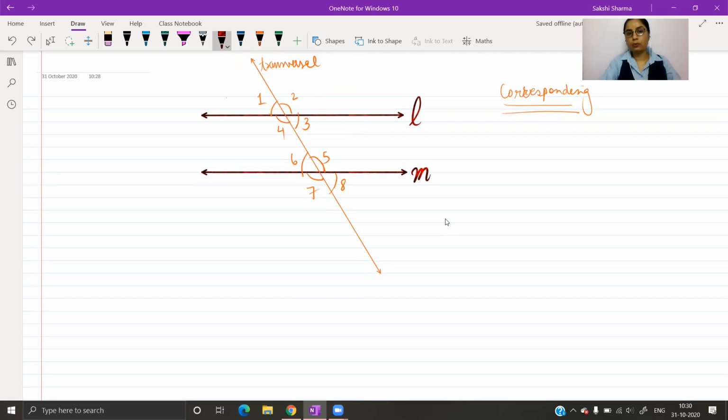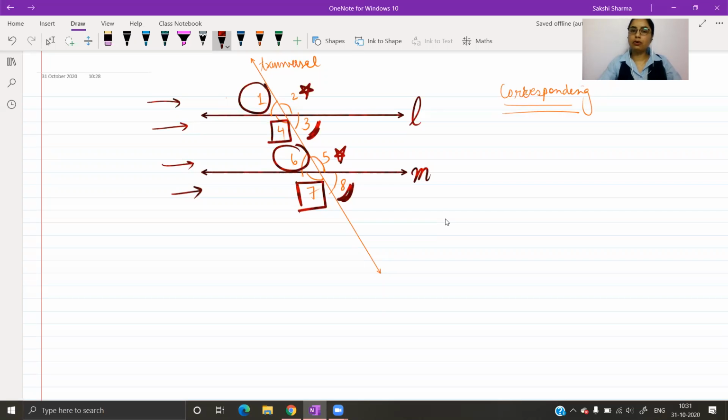On the left side, if you had to pair up, there are 4 angles, 1, 4, 6, and 7. 1 will be paired up with 6 and 4 will be paired up with 7. These are corresponding angles. And from this side, 2 was paired up with 5 and 3 was paired up with 8. These are corresponding. Is it clear now? Yes, ma'am. Thank you.